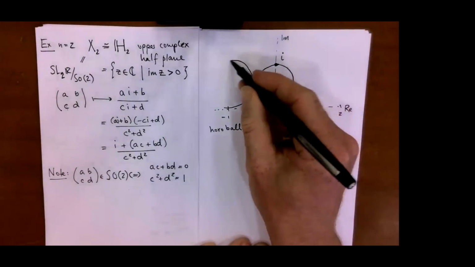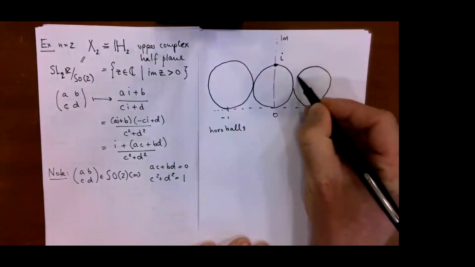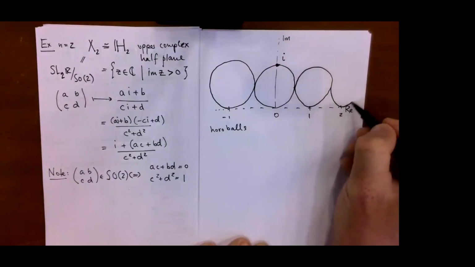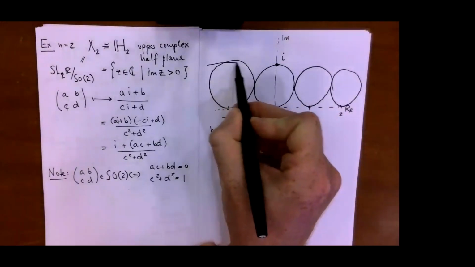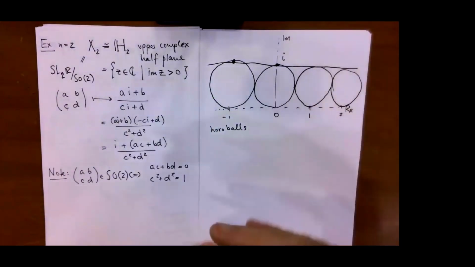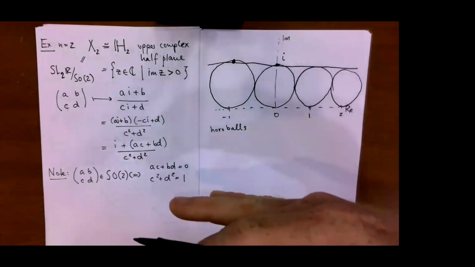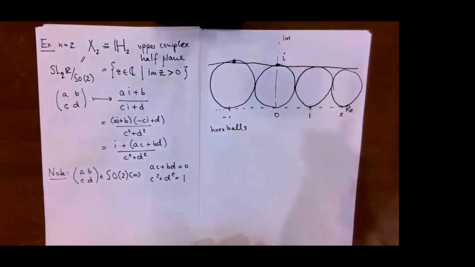They are of diameter 1 and touching exactly. I drew this terribly, but they all touch this horizontal line that goes through i. And I will view this horizontal line that goes through i actually as a circle that touches at infinity. You can imagine this goes all the way around to infinity.